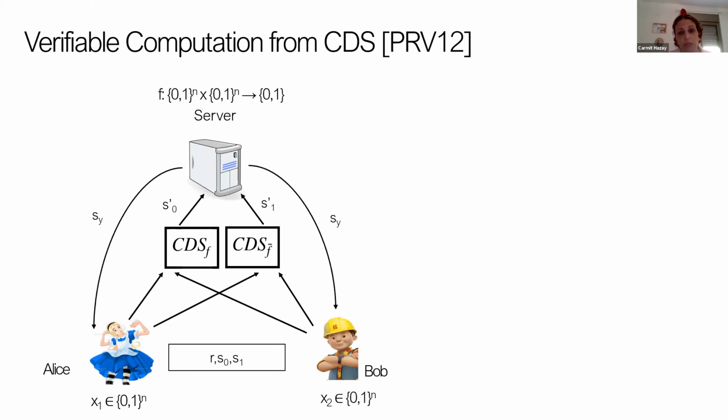It has been used by Parno et al. in the context of attribute-based encryption, which is a public key analog for CDS. Here we exploit this mechanism to demonstrate the usefulness of CDS for designing a non-interactive two-client verifiable computation in the presence of an untrusted server for a class of predicates that we construct CDS for.